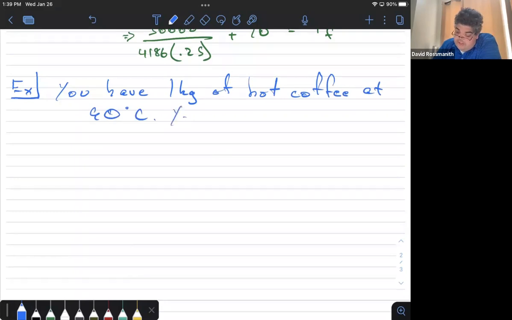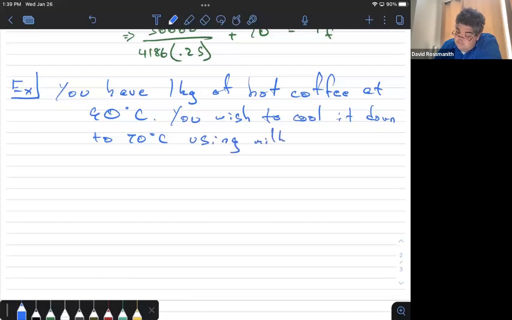You wish to cool it down to 70 degrees Celsius using milk, which starts at 5 degrees Celsius. Okay.